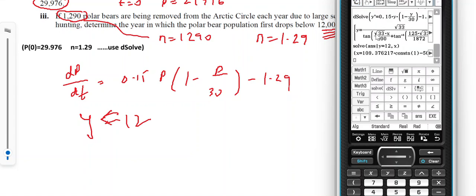And that is going to be 109 times the constants. I need to put in a restricted domain.